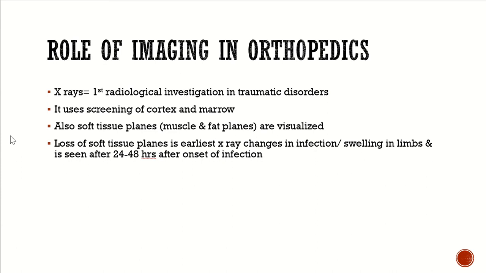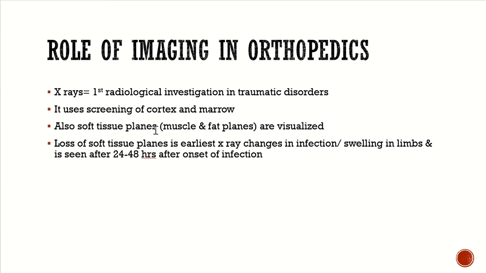Talking about the role of imaging in orthopedics, we know that X-ray is the first radiological investigation in traumatic disorder. If any patient comes with a traumatic disorder, then the first investigation to be done is X-ray. It allows screening of cortex and marrow.